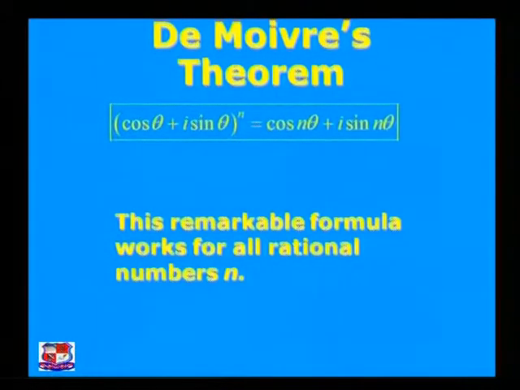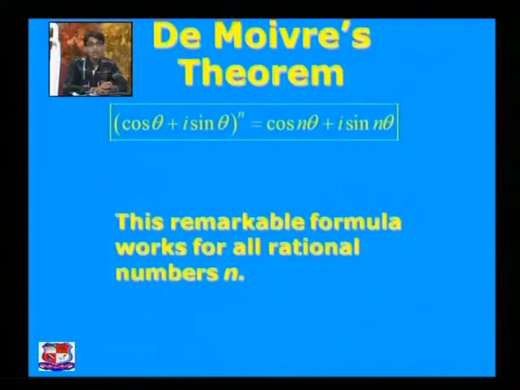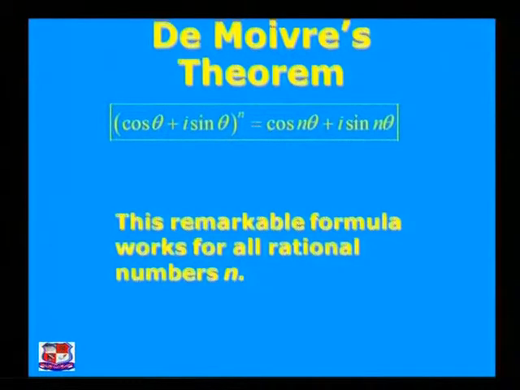Here remember that the formula works for all rational numbers, and we can put n equal to a positive integer, negative integer, or rational numbers as well. So (cos theta plus i sin theta)^n is equal to cos n theta plus i sin n theta. This is De Moivre's theorem.